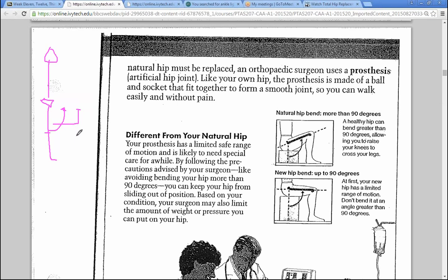Then the head is convex on the acetabulum, which is the mobile bone, and since it's convex, the concave-convex rule says the arthrokinematics would be in the opposite direction. So if we're doing an anterior superior motion, we're going to get a posterior inferior motion.